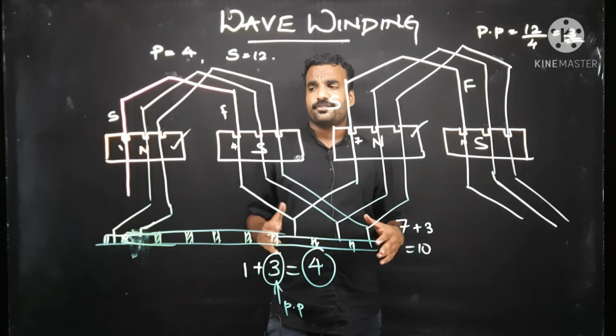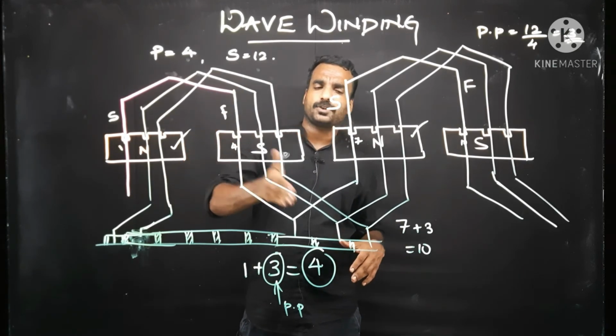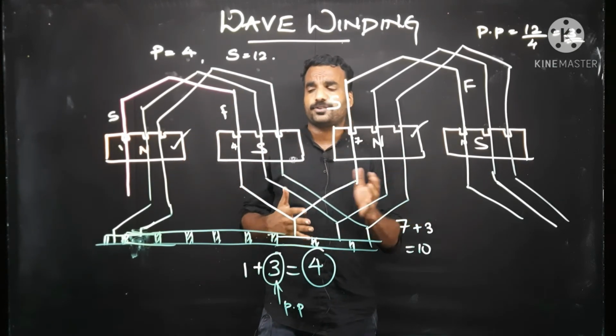So what is the definition? Finishing end of first coil is connected to beginning end of second coil under adjacent north pole.